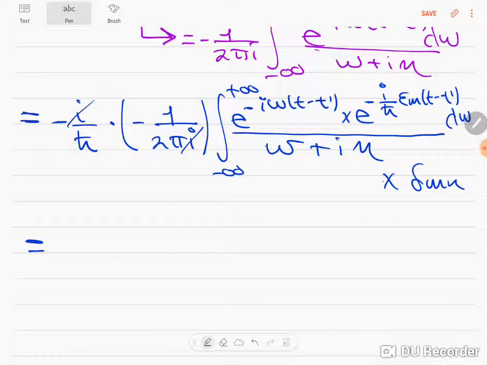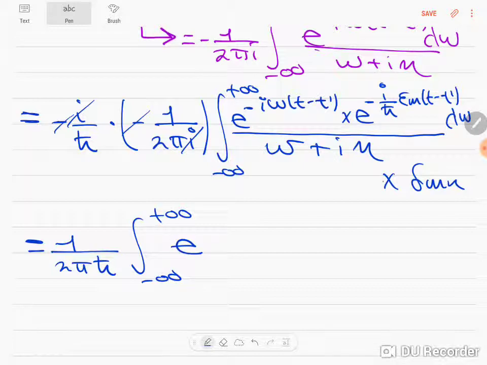These i's go away, these minuses go away as well, so I am left with 1 over 2 pi h bar integral from minus infinity to plus infinity. So I just factorize things here to make them look like this: minus i, see, over h bar.